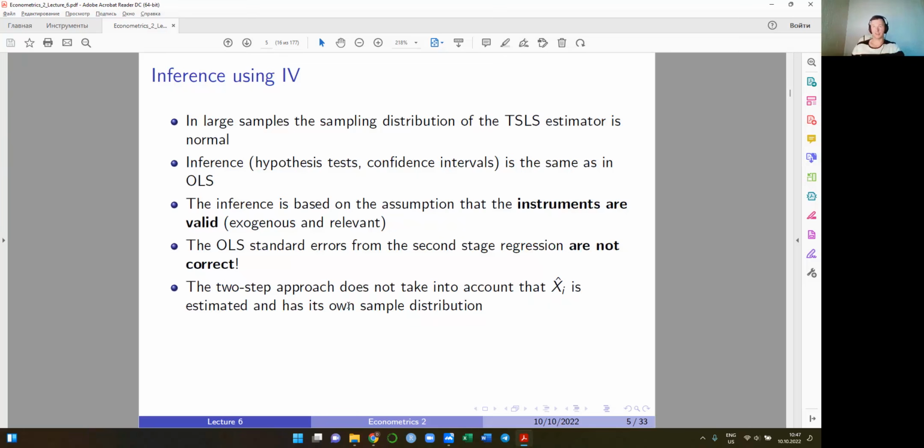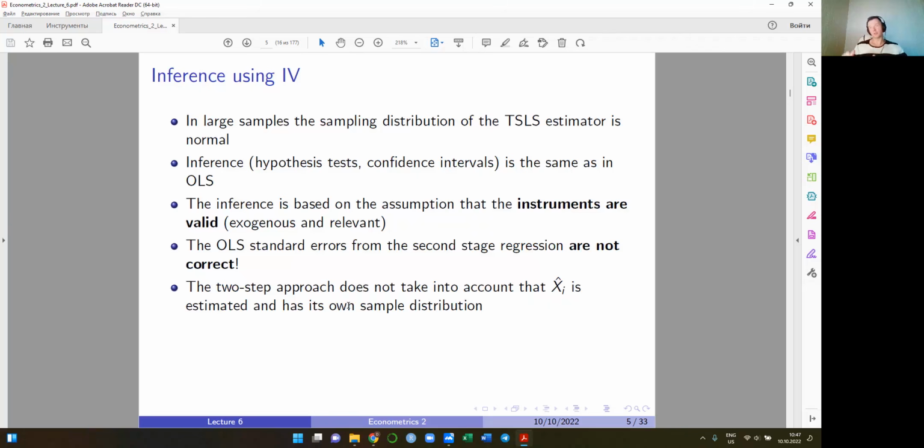Beta 0 hat, beta 1 hat, and if you have more betas, there are going to be more. So your fitted value depends on the sample. And once you calculate standard errors in the usual way, those standard errors will not take into account this additional uncertainty related to x hat.